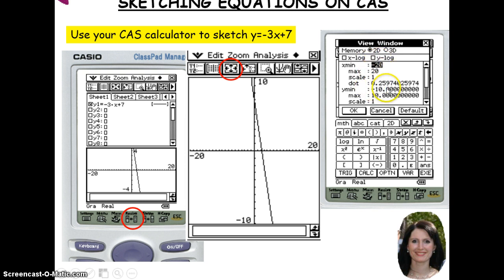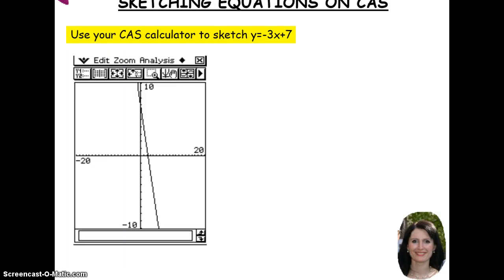I've got y minimum is -10 and maximum of 10. So in the case that I couldn't see my y-intercept and I knew it was in the positive part of y, I could increase that maximum. I could say 50 or 100 or really anything I like. Once you've done that, you click OK and it will show it.